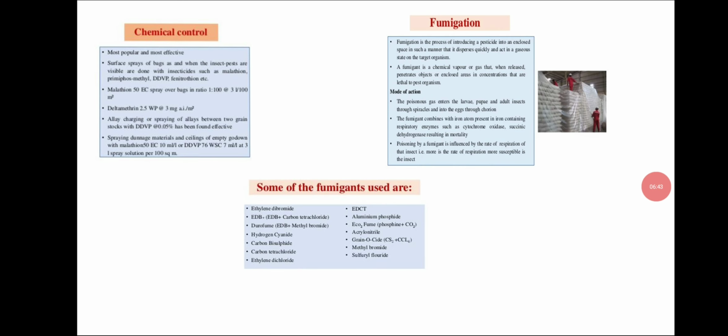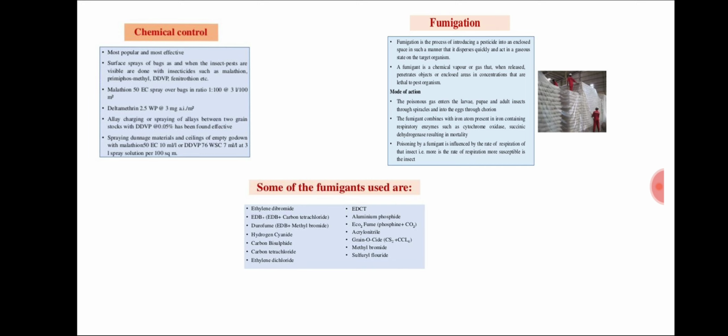Chemical control. Chemical control is the most popular and most effective process to control the infestation. Surface spraying of the bag, when insect pests are visible, is done with insecticides such as malathion, DDVP, and fenitrothion.